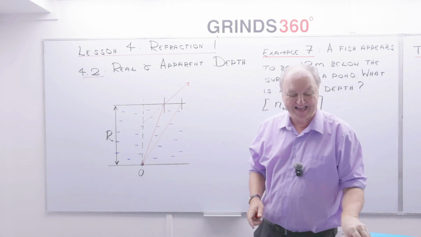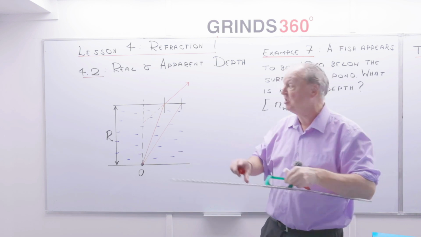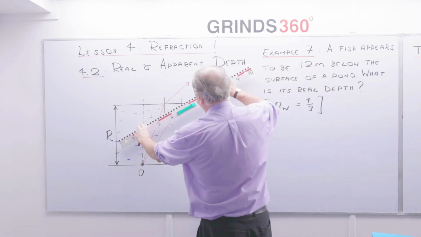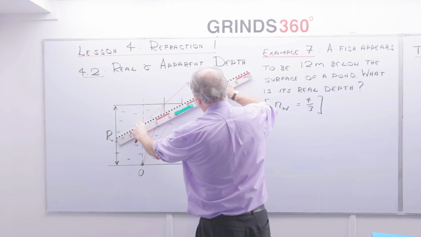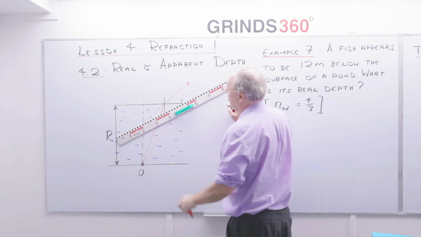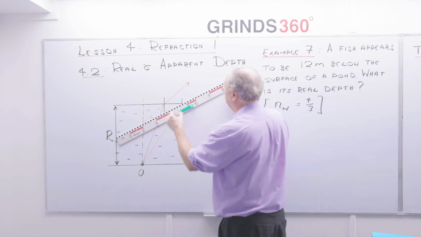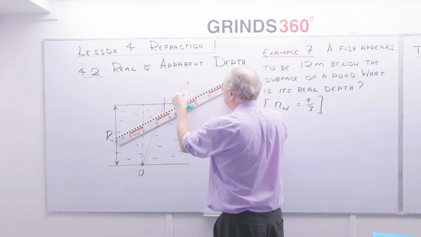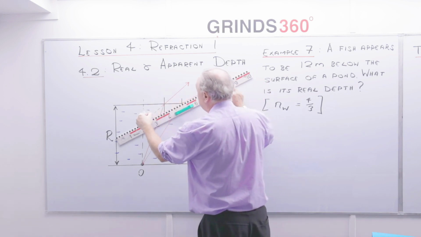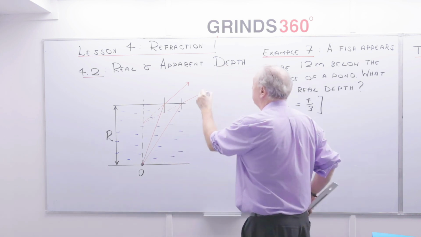Now, we're not going to do the calculations, but if I want to get my diagram spot on, I'm going to put my ruler here and join it up so it goes back to where that broken line hits the black broken line. So it bends out like this. If I work it backwards, those rays of light will meet there.